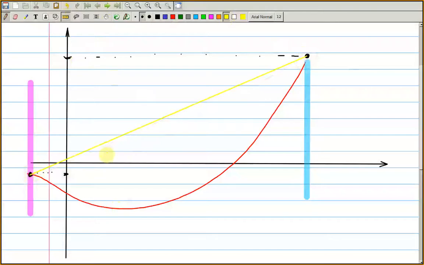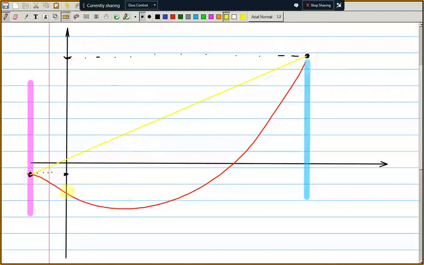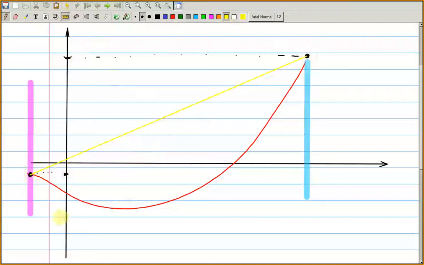Are you seeing the yellow line? Yes. Good. So when it does that, wherever this yellow line crosses the system is considered.